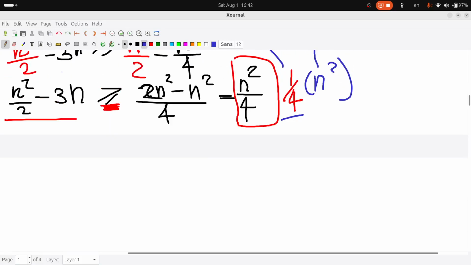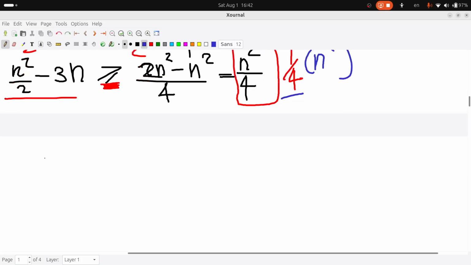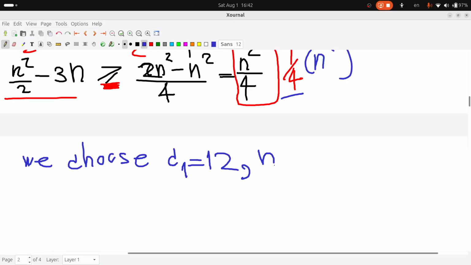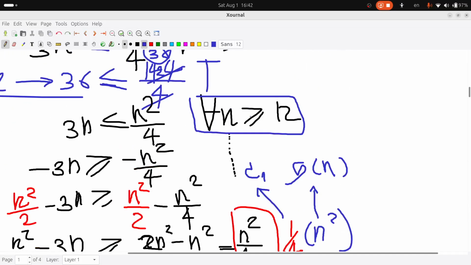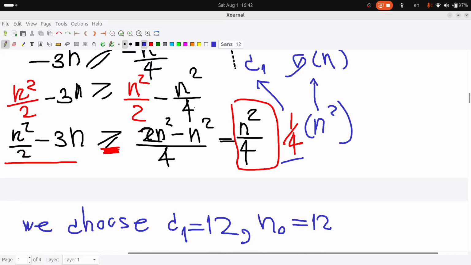We choose C1 equal to 12 and starting point is 12, because we say that for all n greater than or equal to 12, this inequality will always be true.